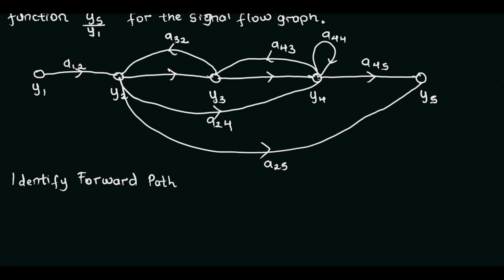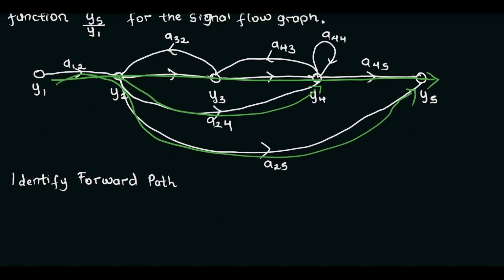We have one, we have another one, we have another one, and another one. That's all. So we have three forward paths.